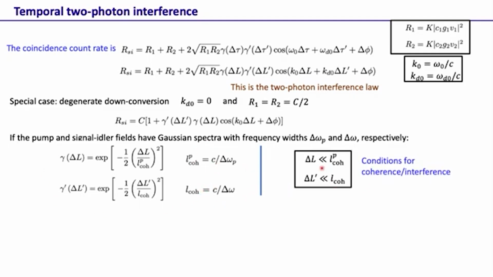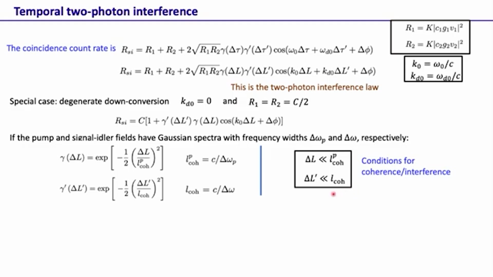So we find that the condition for two-photon coherence or two-photon interference, and the necessary condition, is that this delta L has to be much smaller than this pump coherence length, and the delta L prime has to be much smaller than the signal idler coherence length. And as long as these two conditions are satisfied, we will have two-photon interference. If any of the two conditions are not satisfied, we will not have two-photon interference.